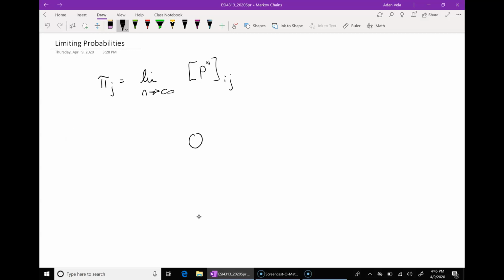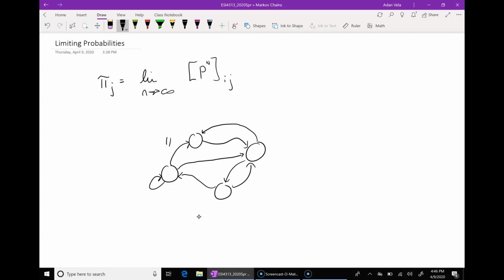So let's start off by just creating a Markov chain. I'm just going to add in some random numbers and hopefully I'll get it right.